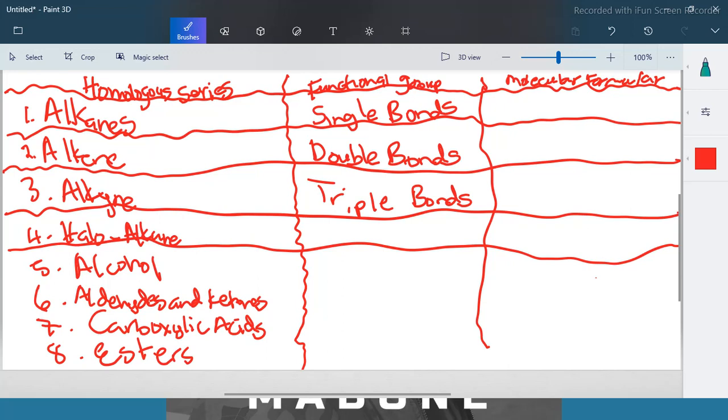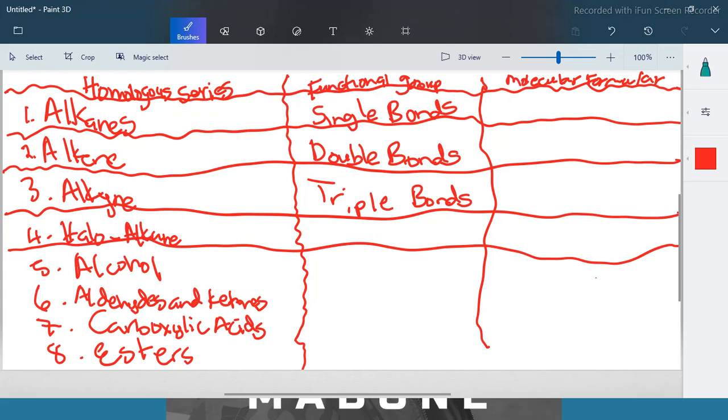I'm not sure if I'm mistaken, because I did grade 10 a long time ago. But the fact is, halogens, you find them in the periodic table.